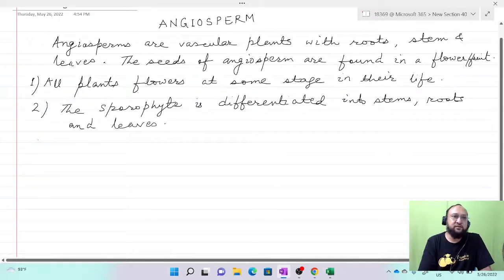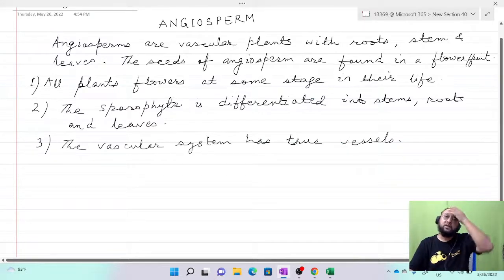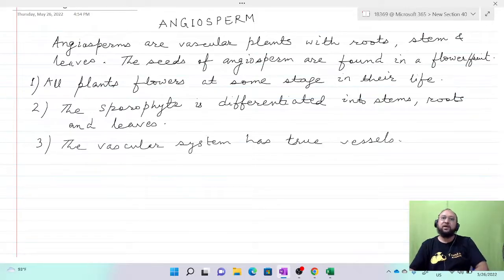The vascular system has true vessels. The vascular system means the xylem and phloem, the vascular tissue. Like we observed in the pteridophytes, the true vessels of the xylem are missing, not present.